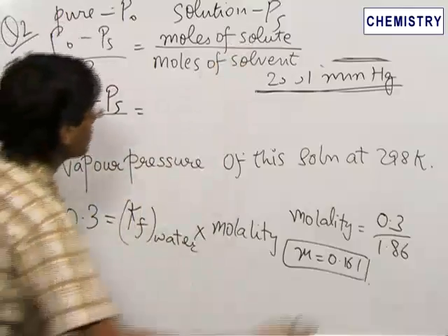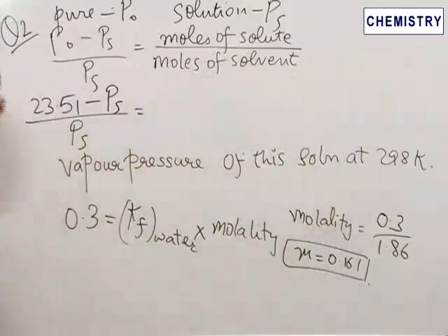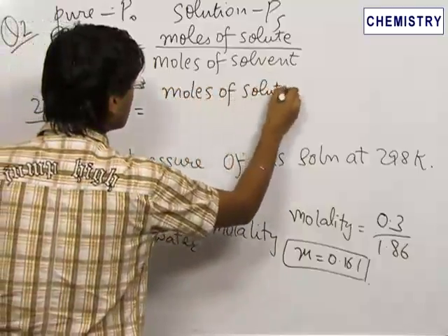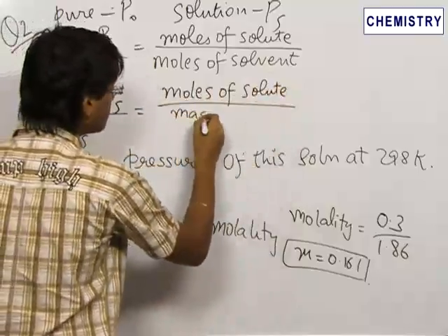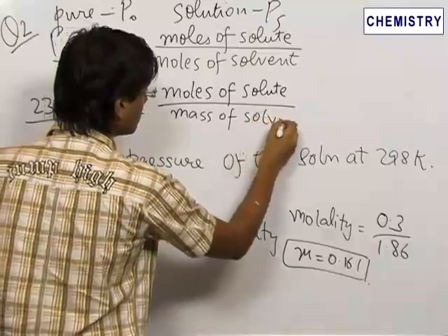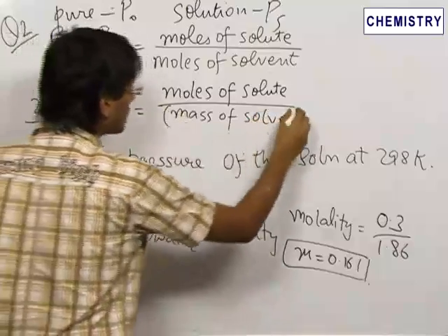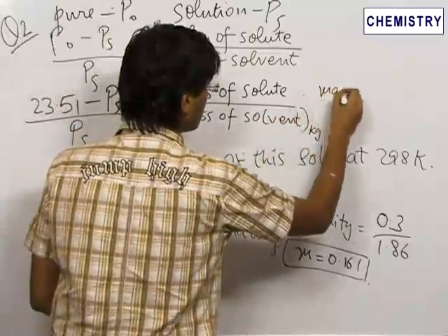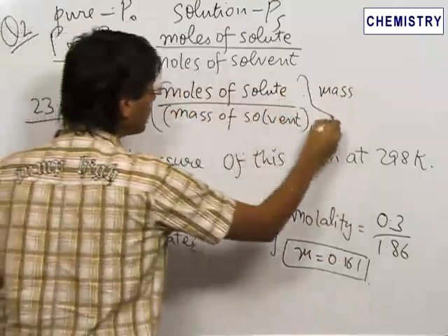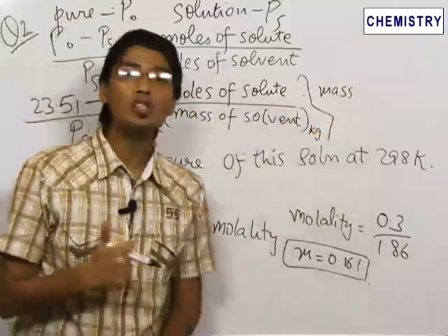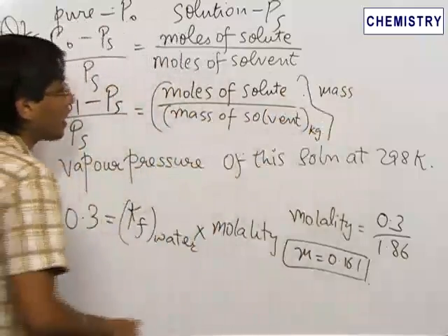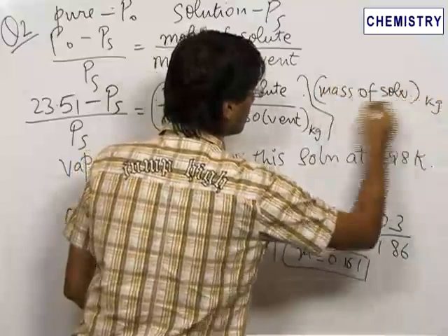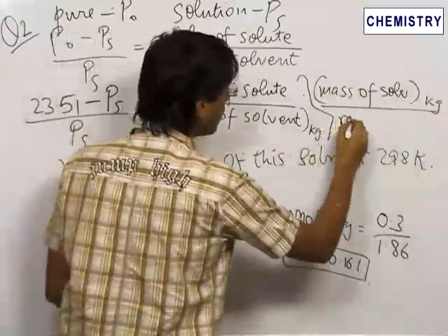So what we can do is divide and multiply by mass of solvent in kilograms, so that this gets converted into molality, because we know that molality is equal to moles of solute divided by mass of solvent in kilograms, divided by moles of solvent.